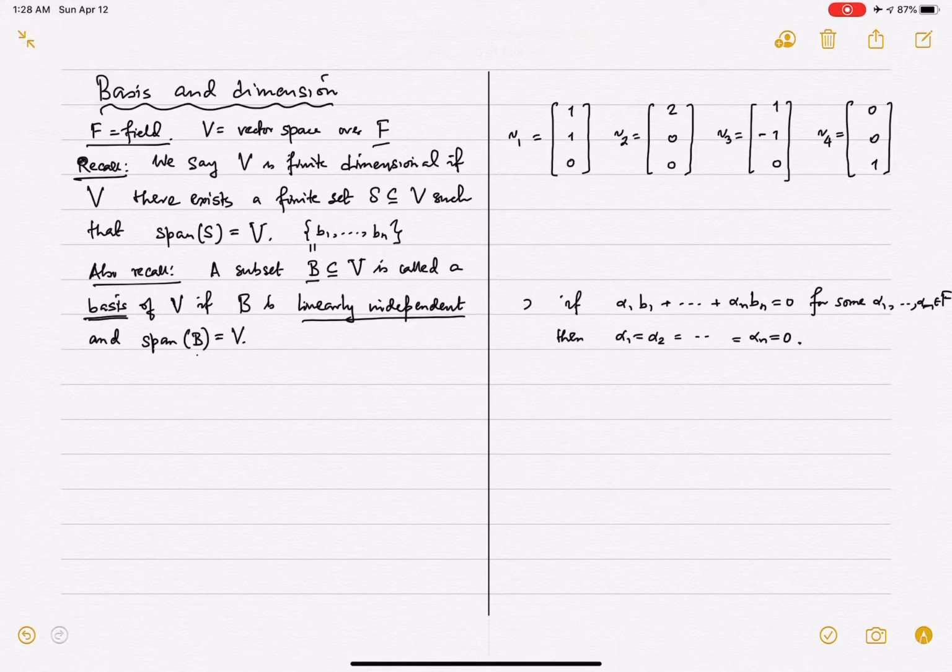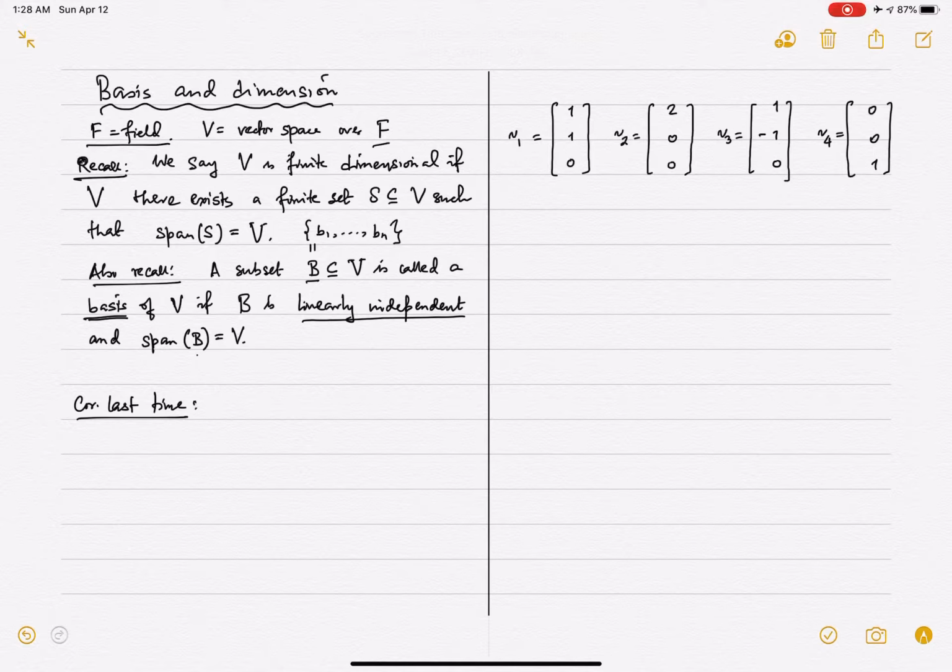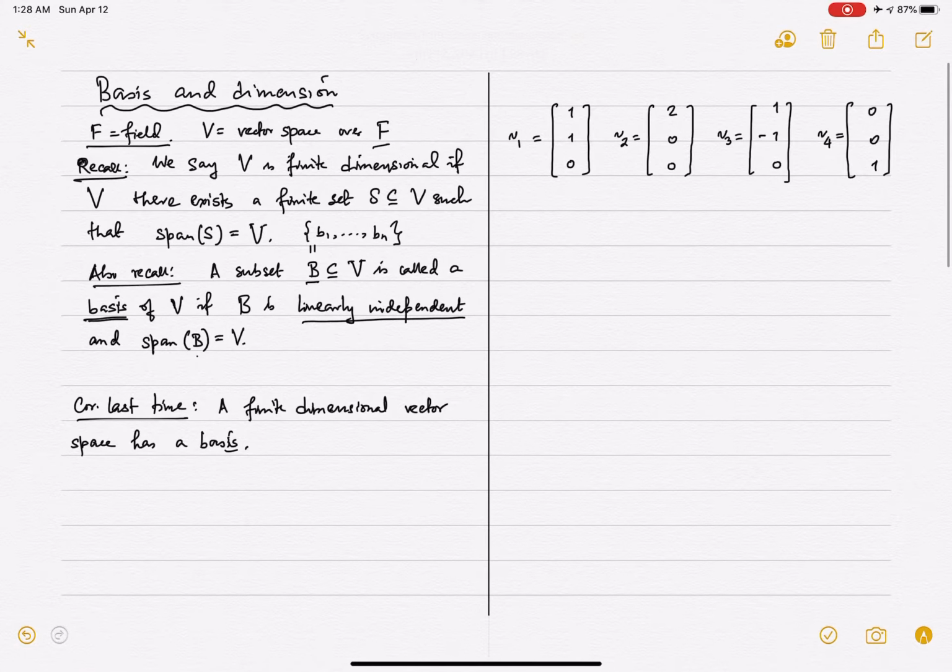And we proved last time that finite dimensional vector spaces have a basis. Corollary from last time: a finite dimensional vector space has a basis.